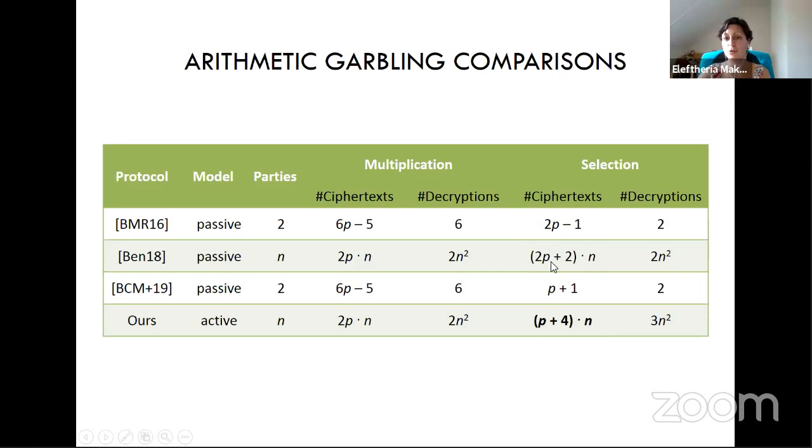So we go from 2p plus 2 ciphertexts per party to p plus 4 ciphertexts per party. But at the same time, we are losing the advantage that we got from Ben Ephraim's construction, where instead of the straightforward 3 decryptions, he managed to reduce to 2. This doesn't straightforwardly generalize to the n-party setting. So you can either split the problem vertically or horizontally, it seems, with chooser and corrector gates.